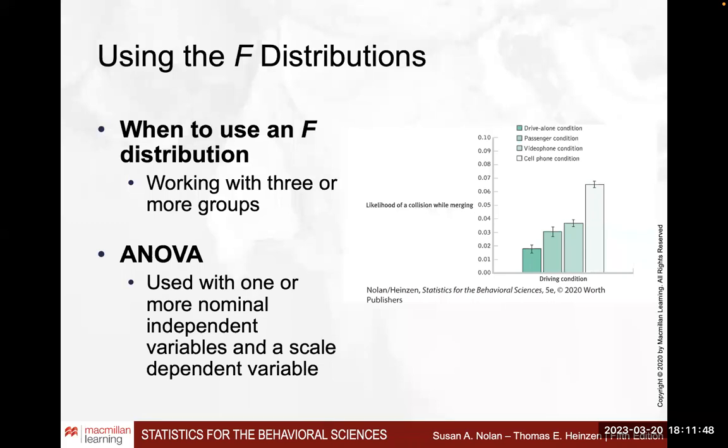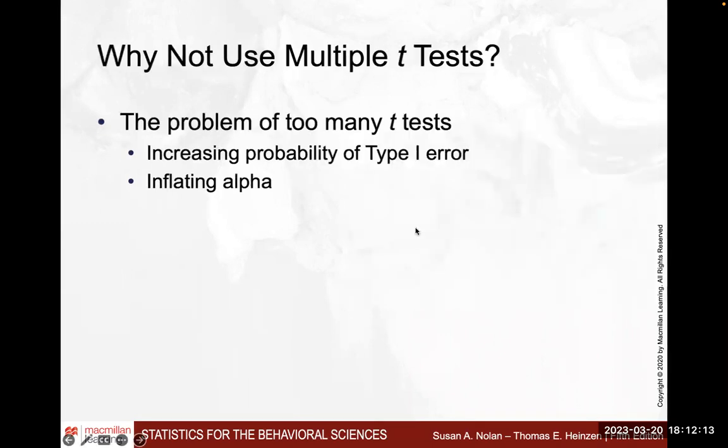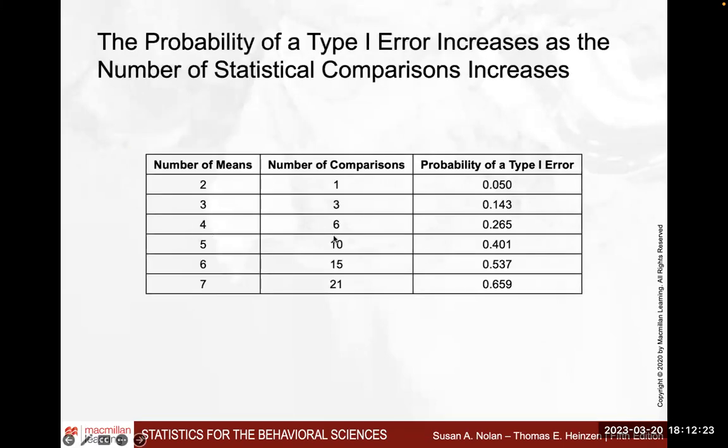So when you do a hypothesis test comparing driving alone versus driving with a cell phone, you're accepting an alpha probability of rejecting something you shouldn't reject of 5%, which is a lot, particularly when you use multiple comparisons, because if you have four groups, you're looking in essence at 6 comparisons.